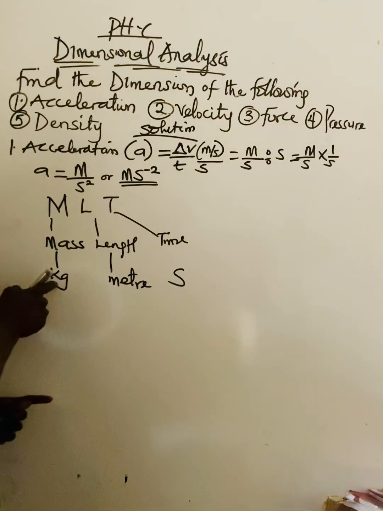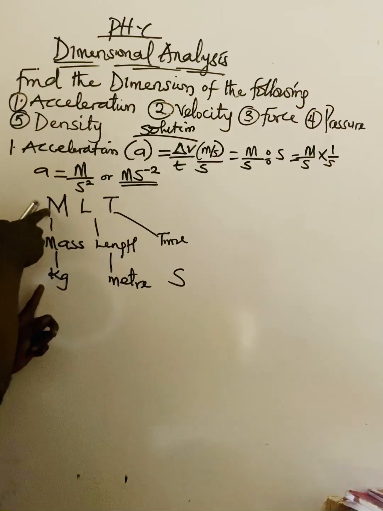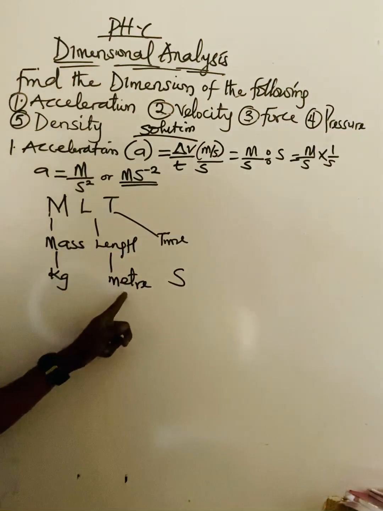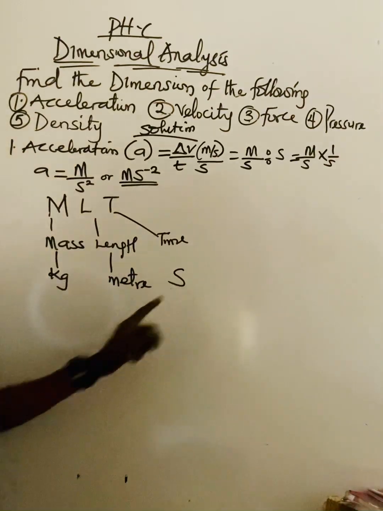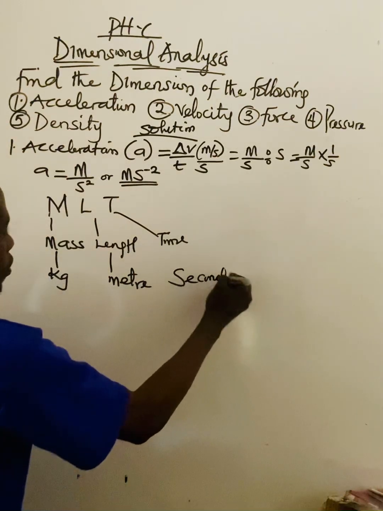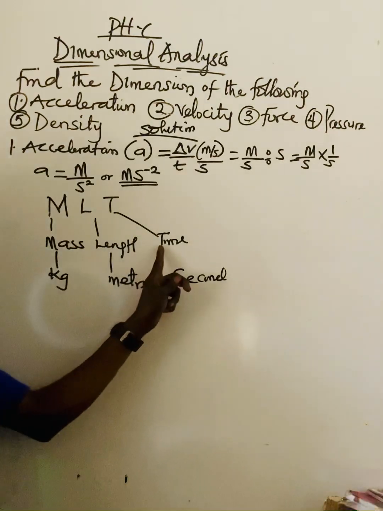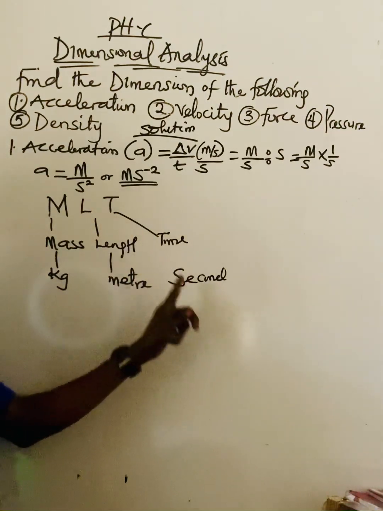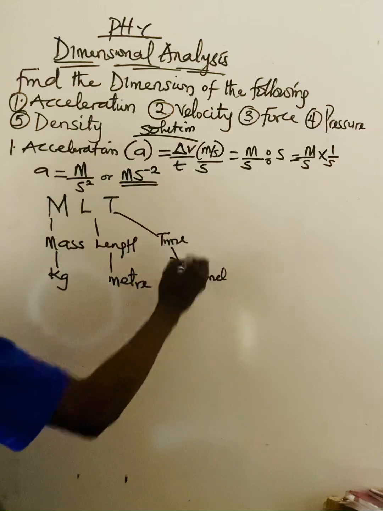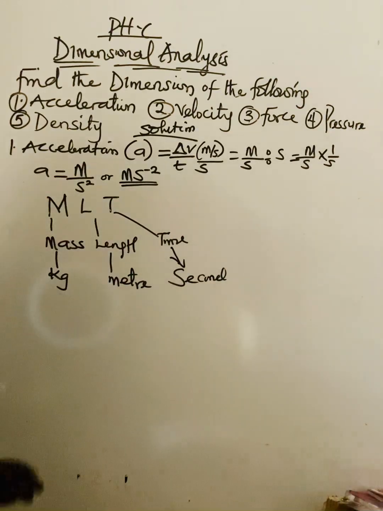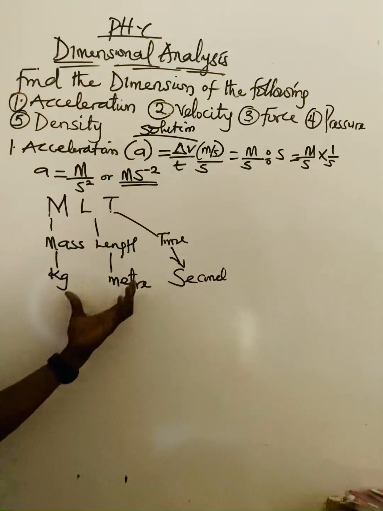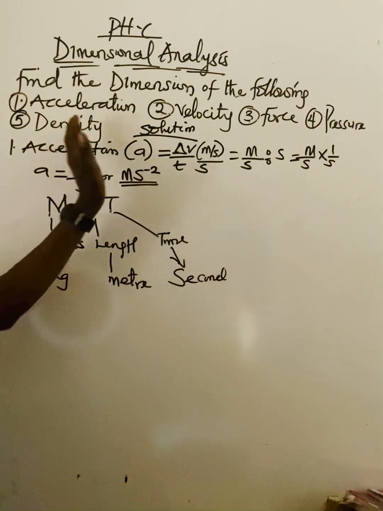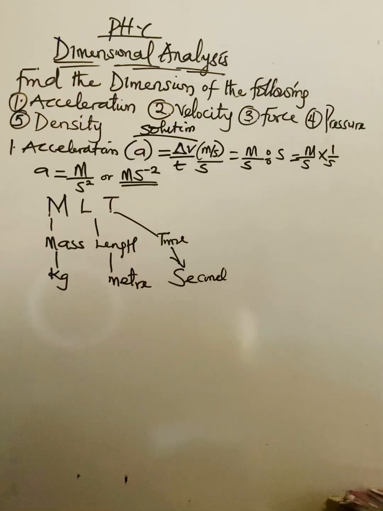Anywhere I find mass, which is measured in kilogram, I will represent it with M. Anywhere I find meter, which is length, I will represent it with L. Anywhere I find seconds, which is time, I am going to represent it with T. With this expression, we should be able to find the dimension of each of the above questions.